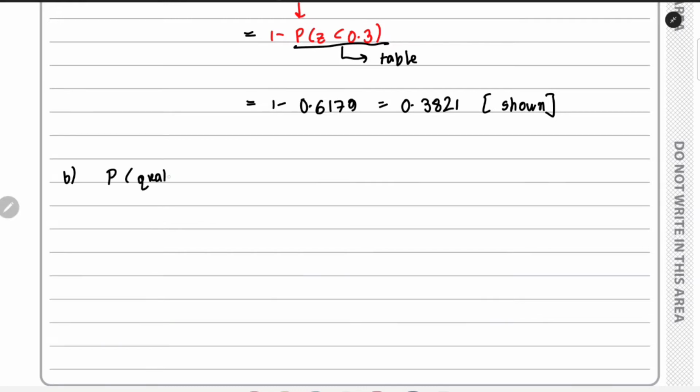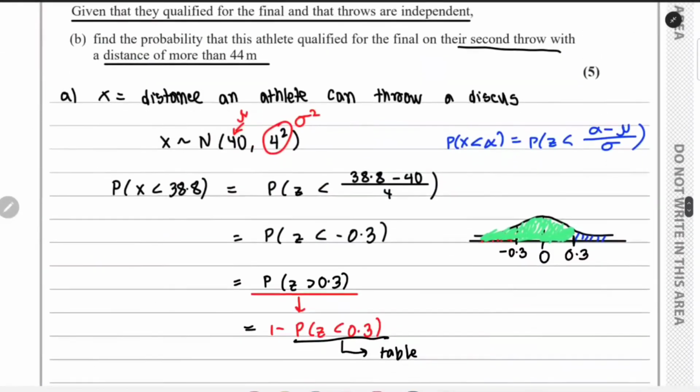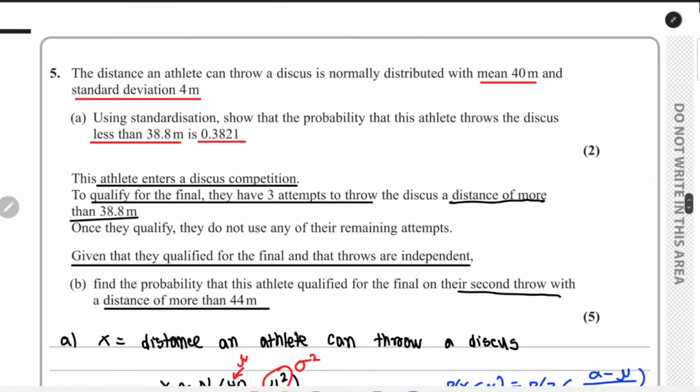So probability of qualifying would be him throwing more than 38.8 meters at least once. We can do this in another way. We can write 1 minus the probability of x less than 38.8, that is 0.3821, thrice.